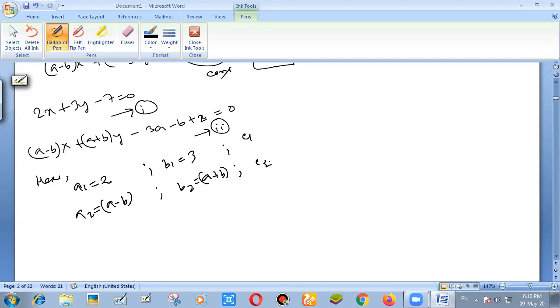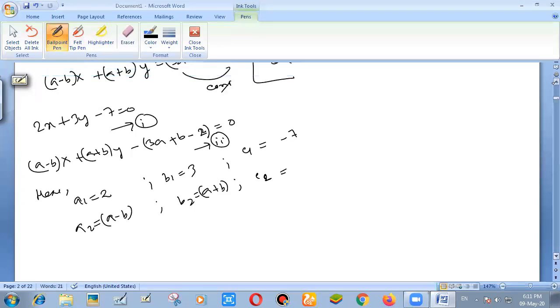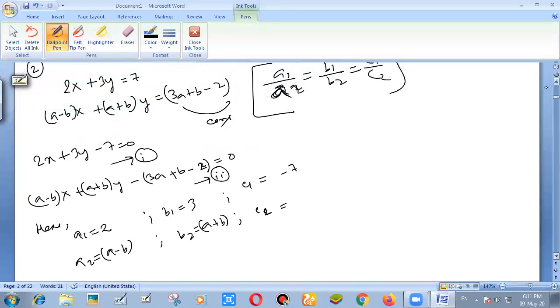Then c1 and c2. What is the value of c1? c1 is minus 7. And what is the value of c2? If you take the minus sign common, then it will be what? If you take this term to the left hand side, just a minus sign will come before this term.